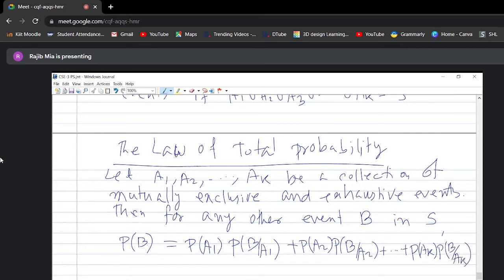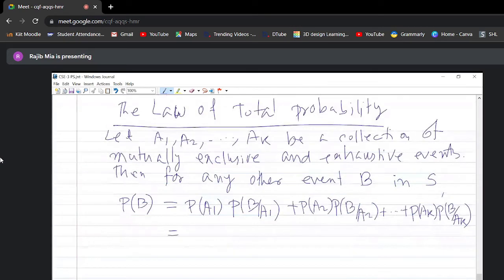In summation form, we can write this as summation I equals 1 to K probability of AI into probability of B by AI.